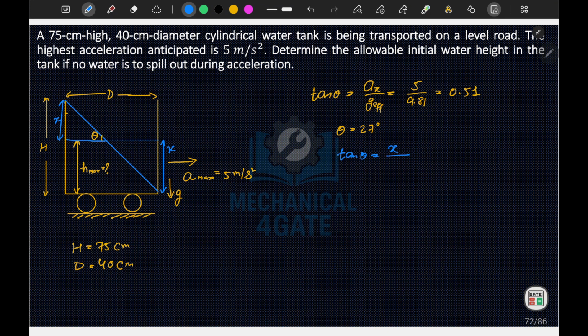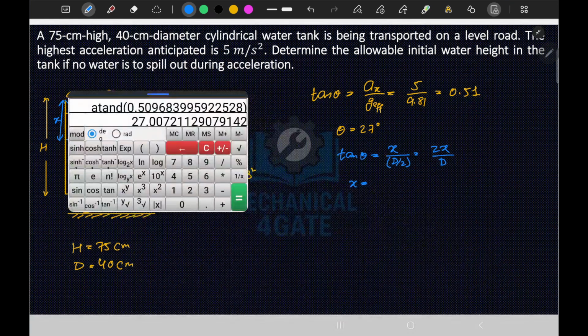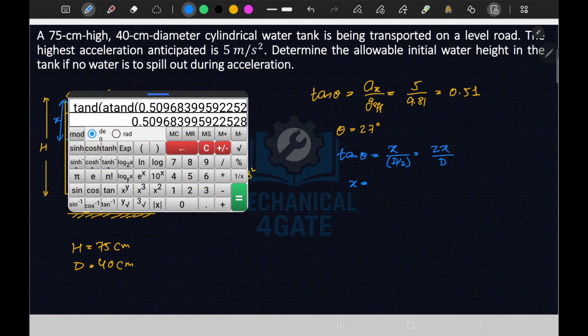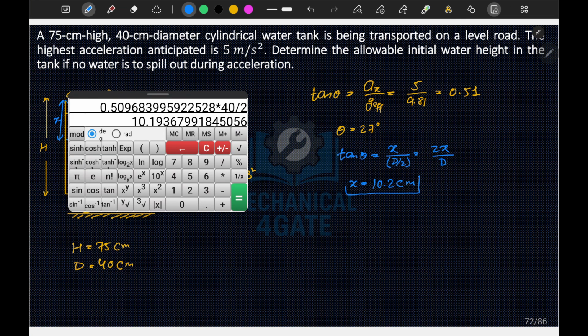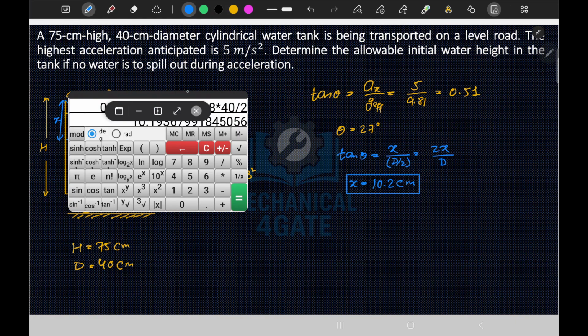This distance will be D by 2. So tan theta is equal to 2x by D. If I substitute the values here, I will obtain x is equal to tan of this angle multiplied by your diameter D, that is 40 centimeter, divided by 2. So x is equal to 10.2 centimeter. Okay, we have obtained the value of x.